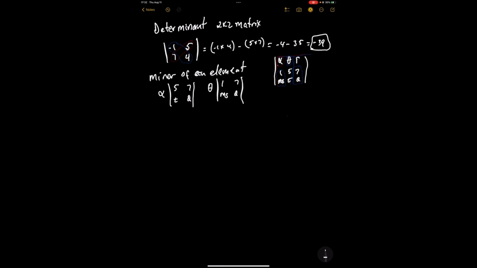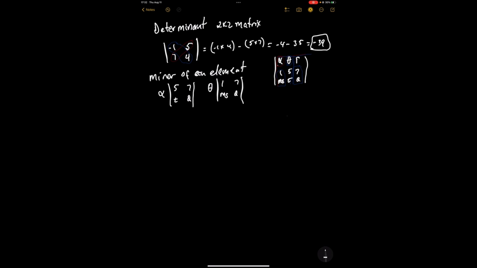And that's how you find the minor of theta. And if you were to do gamma, it would have been the same thing. You just cross out all the elements that are on the same row of gamma and the same column as gamma, and you get what you are looking for, which is 1 ms, 5 and t. That's all you do when you are doing the minor of the element.